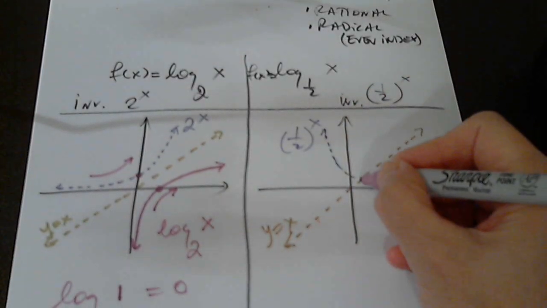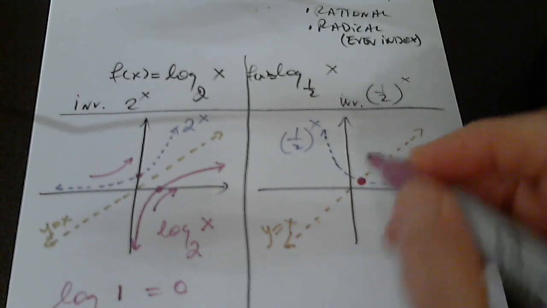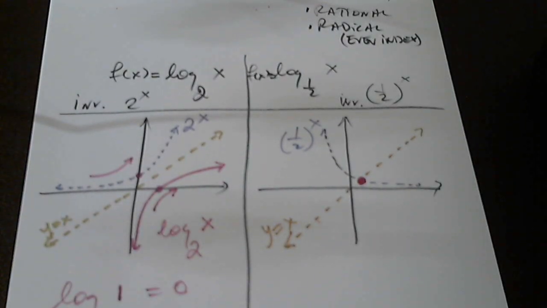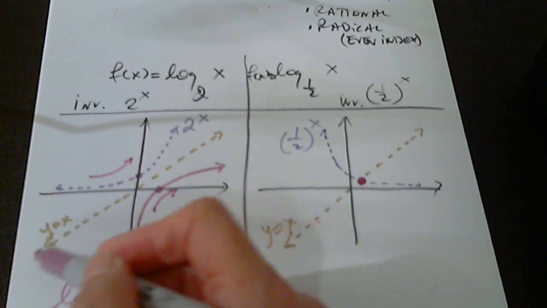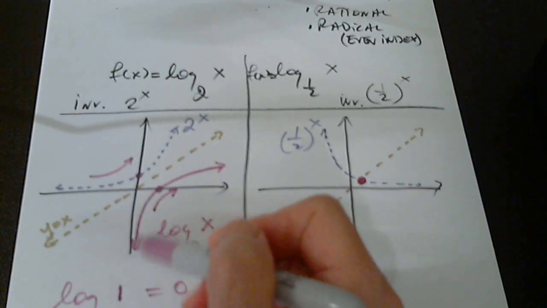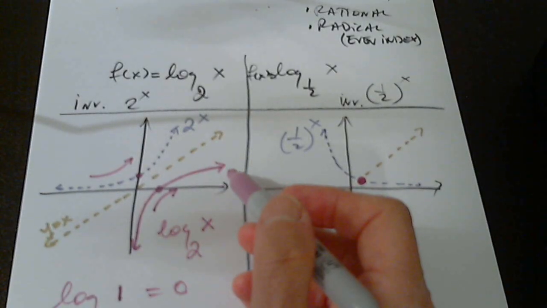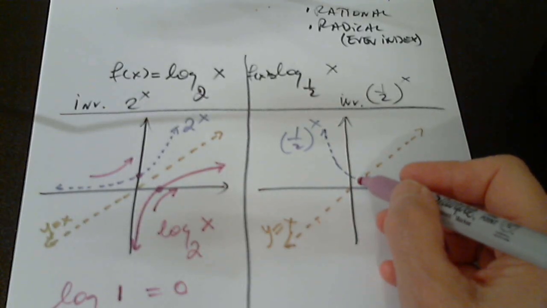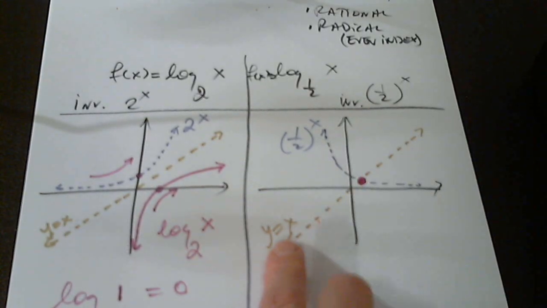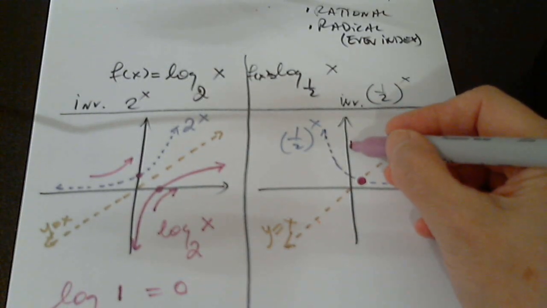This function crosses here. The other one has to cross there as well. There is no cross here. 2 to the x does not cross y equals x. So, of course, this one cannot. But if a function crosses y equals x, when you reverse the points, you still get the same thing.